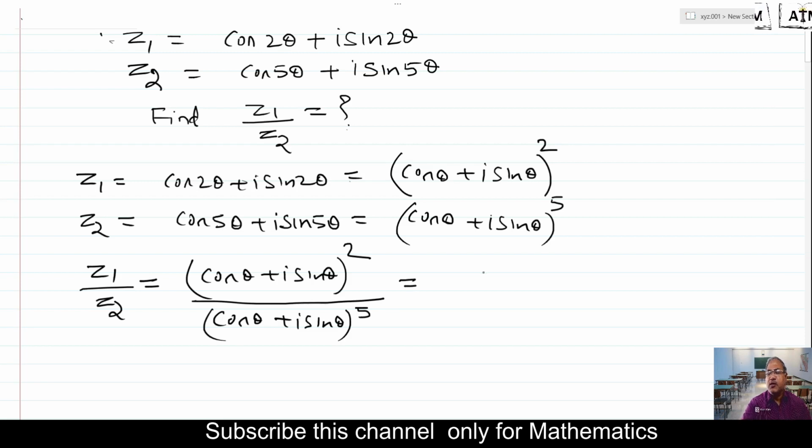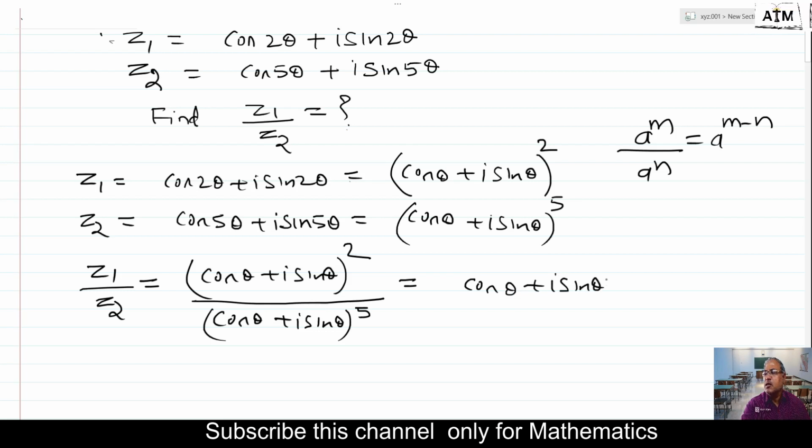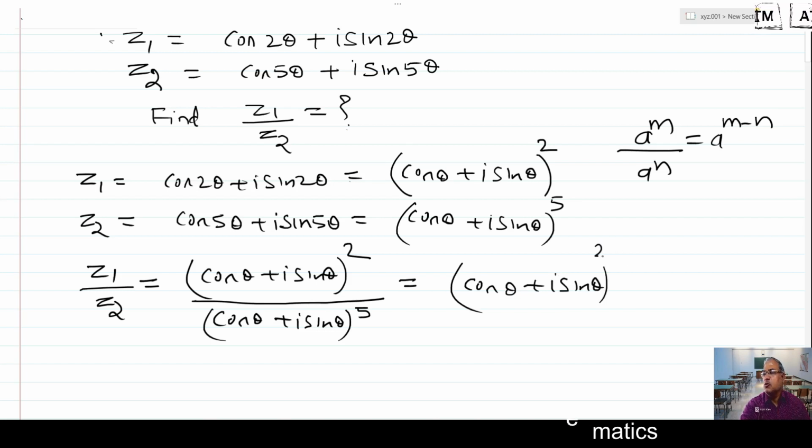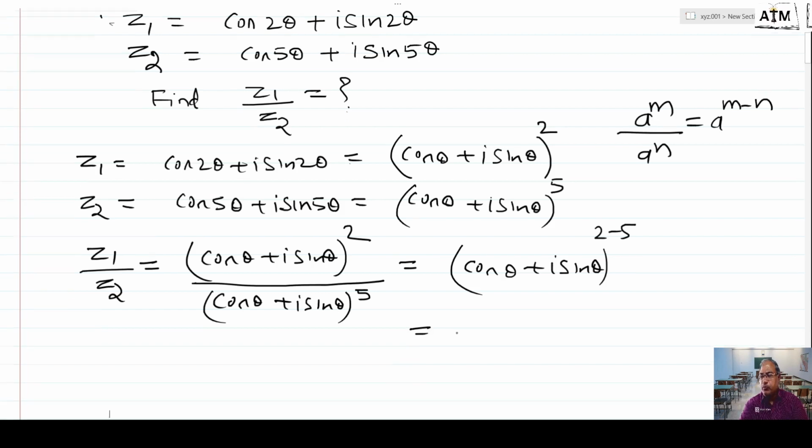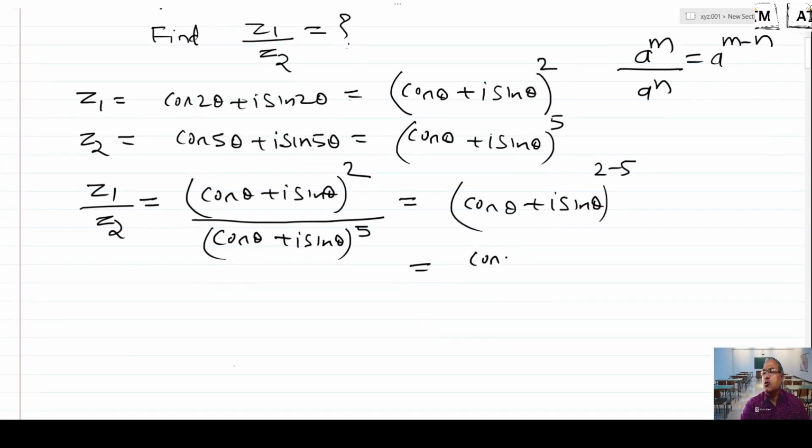Now both the bases are the same, so we can use the formula a raised to m upon a raised to n equals a raised to m minus n. So this is equivalent to (cos theta + i sin theta) raised to 2 minus 5, that is equal to (cos theta + i sin theta) raised to minus 3.